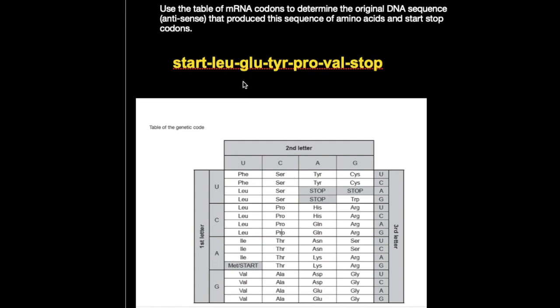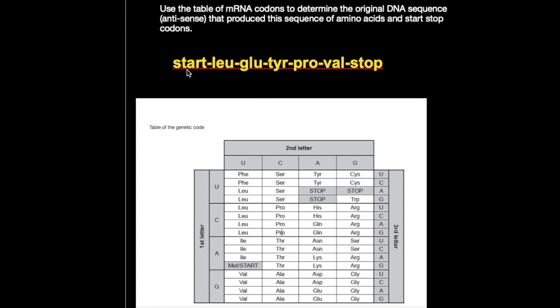Welcome again. Today we continue to work with this table of messenger RNA codons, looking at how to work with it now in reverse. So here we have the table of messenger RNA codons, but the objective in this question is to determine the original DNA sequence, also known as the antisense sequence, that produced this sequence of amino acids and start and stop codons.